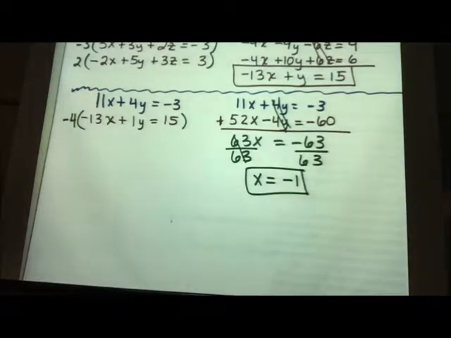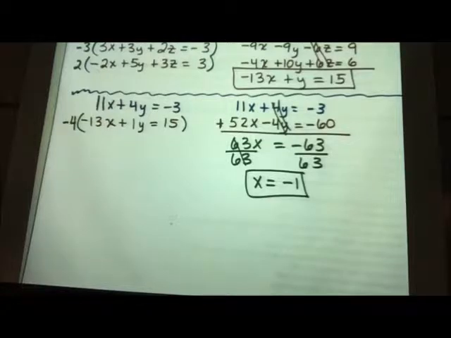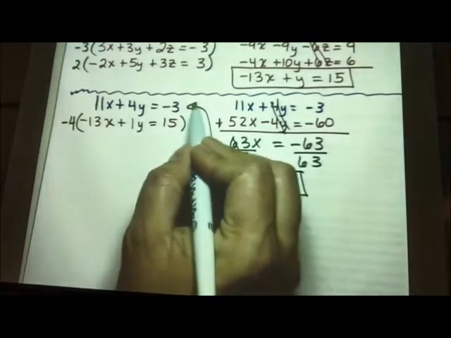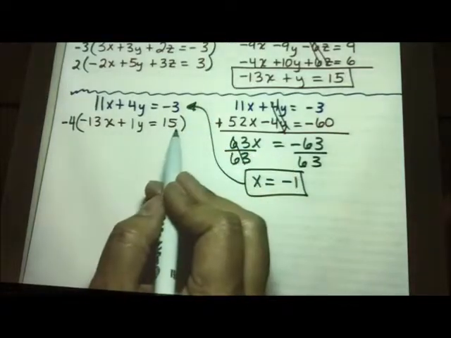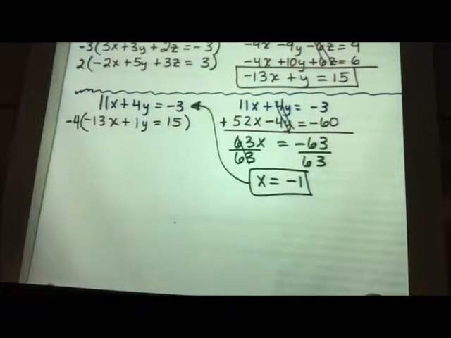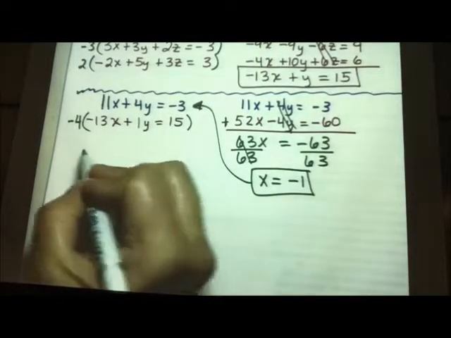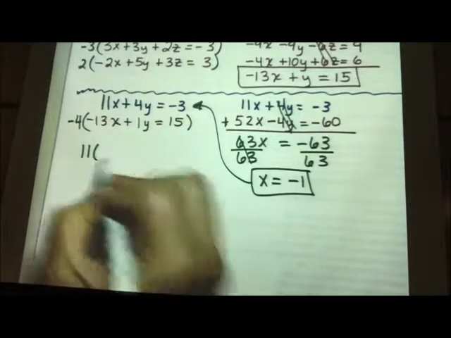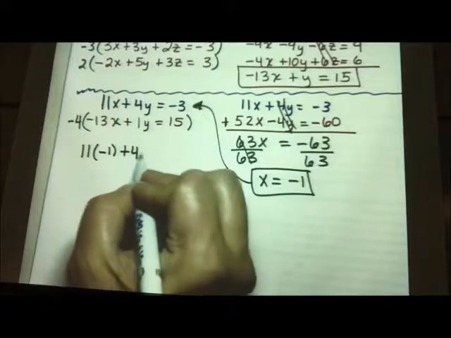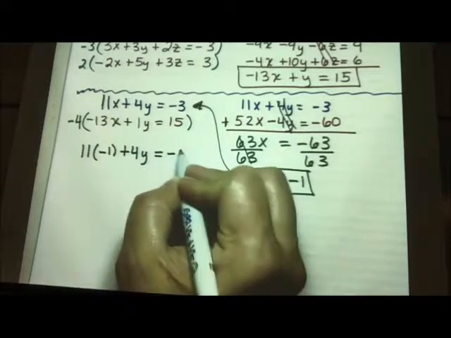So I have found the answer to the first one, but I need to go ahead and find the answer to the second one. I could go back and substitute into this one or that one, whichever you want, because they only have x and y, so it's easier to solve for y. So I have 11, x is a negative 1, plus 4y equals a negative 3.